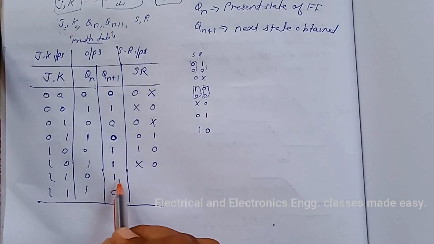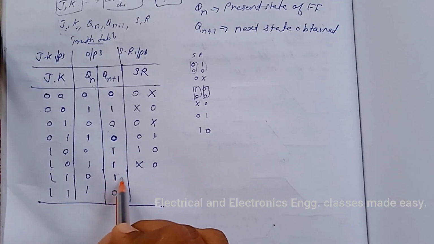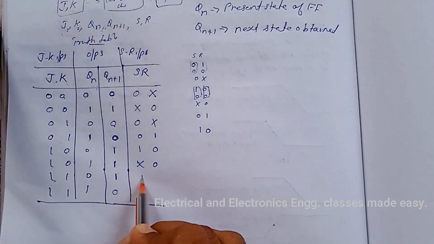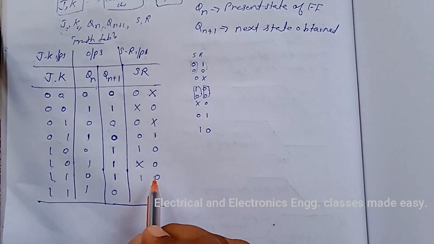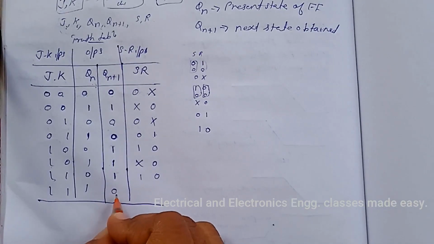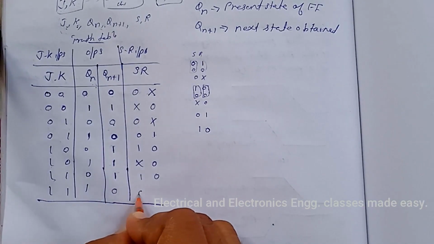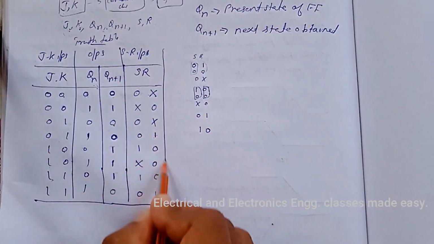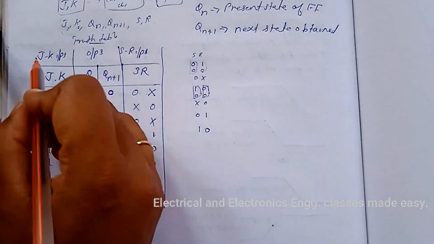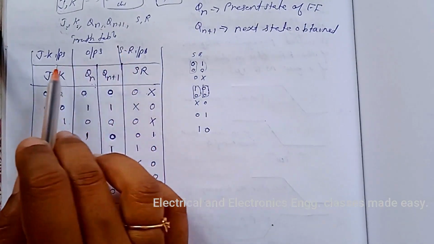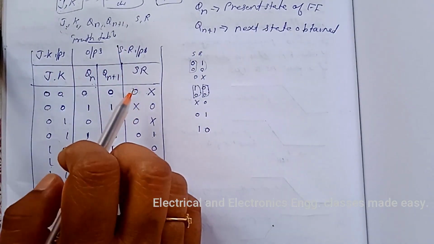This is 0 and 1, that is the output to be obtained is 1. To get that, S and R will be 1 and 0, and for this, that is to get output 0, it will be 0 and 1. So this is the truth table for SR to JK flip-flop conversion.